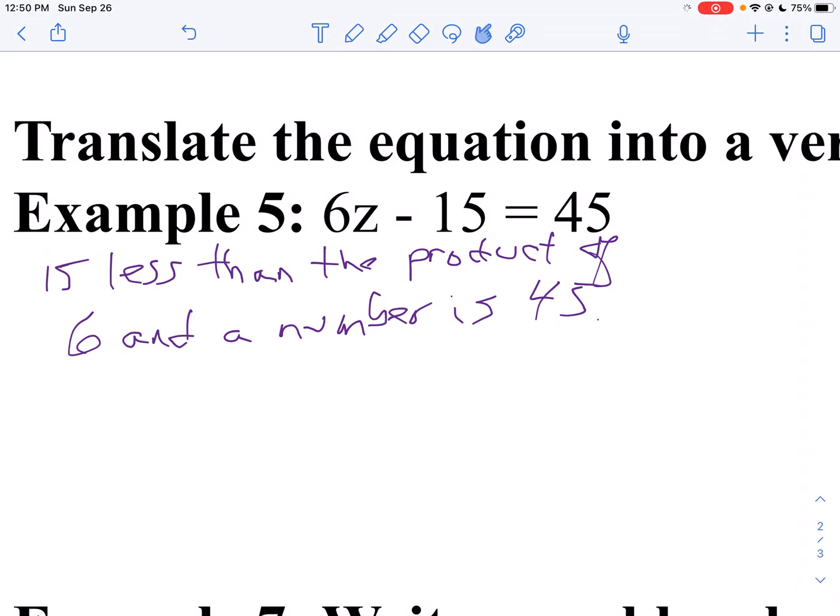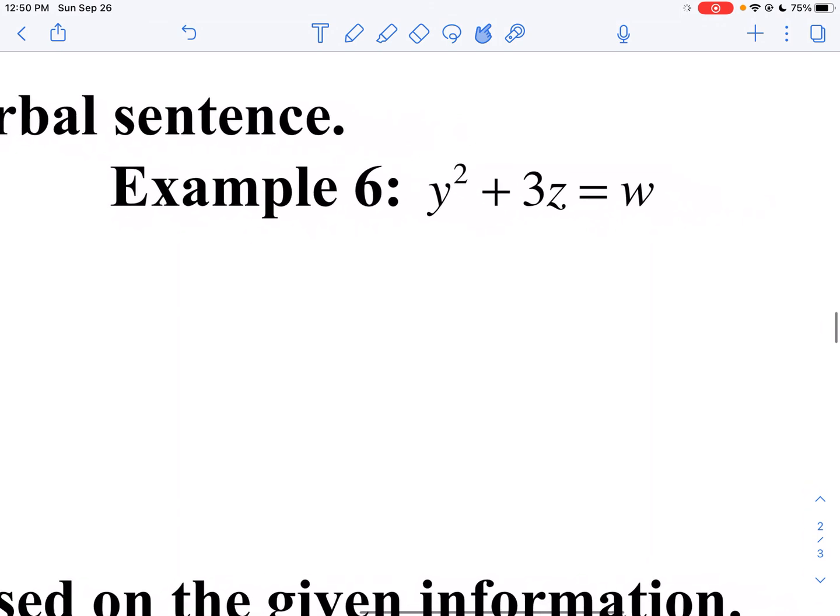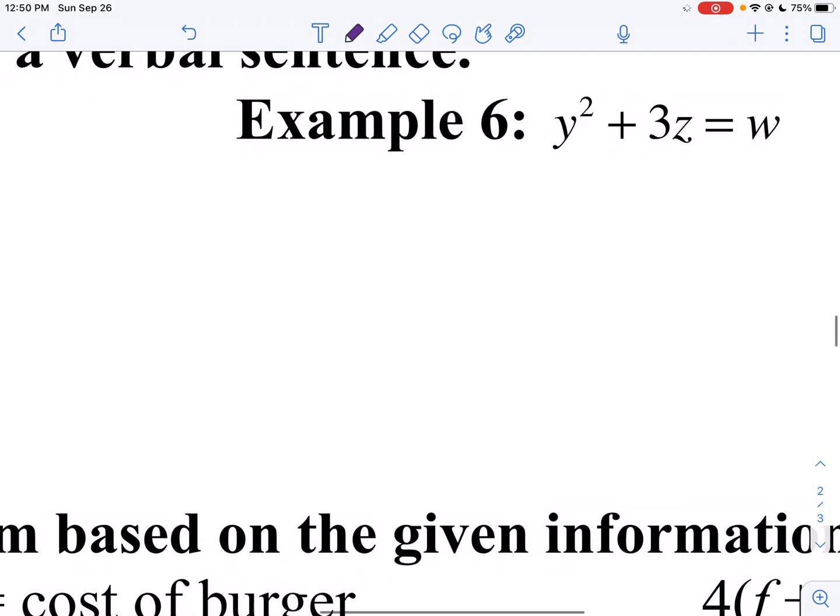Let's do another one. Now notice this time we have 3 different numbers. I'm going to start off here, and I notice I've got a plus sign, so that's the sum. I'm going to square.